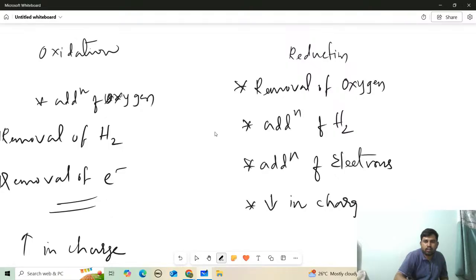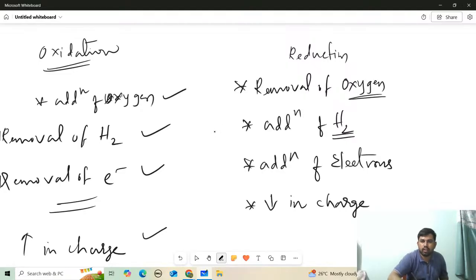So these are the four important things we should understand. Addition of oxygen, removal of hydrogen, removal of electrons or an increase in charge is called oxidation. Reduction means removal of oxygen, addition of hydrogen, addition of electrons, or a decrease in the charge. Let's remember. Now we'll discuss reactions.